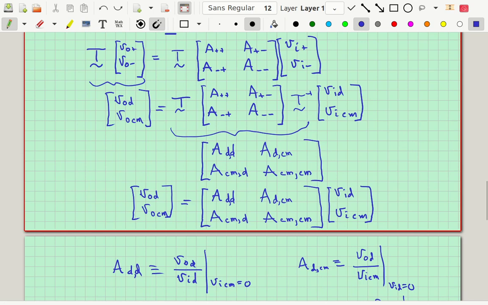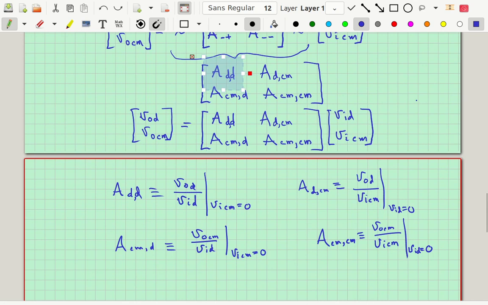Then on the second line, I have how much the common mode is affected. The first term, ACM,D, is how much the common mode is affected by the differential input, and the second, ACM,CM, is how much the common mode is affected by the common mode. So we would generally want ADD to be enormous and all the other 3 to be 0.